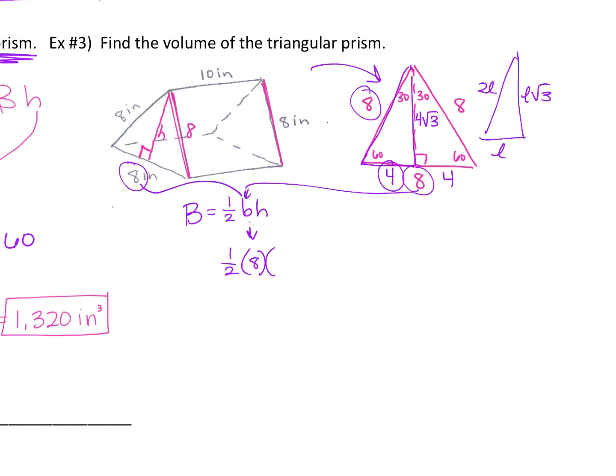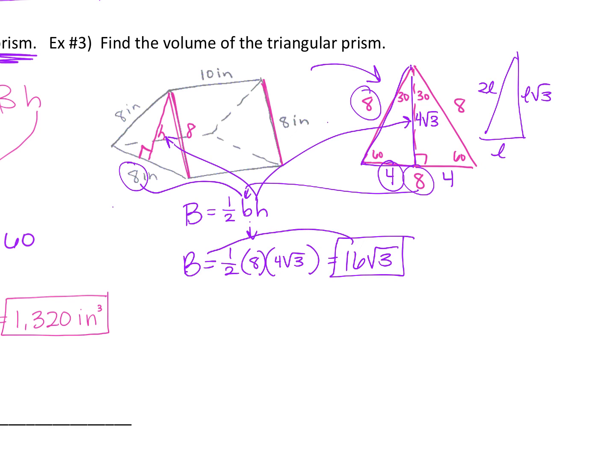H is this length, so 4 rad 3. So B is 1/2 times 8 times 4 rad 3. Plug that in without the radical: 1/2 times 8 times 4 comes out to 16 rad 3. So 16 rad 3 is your capital B.